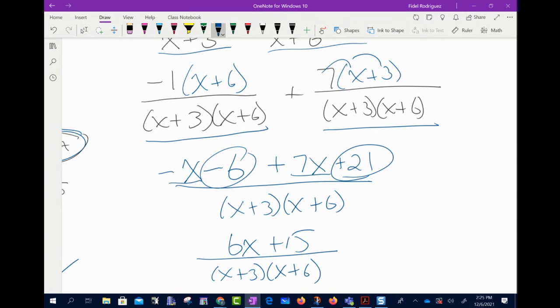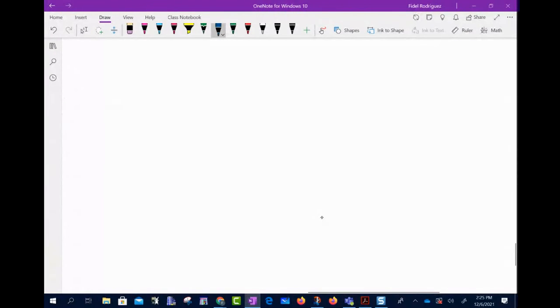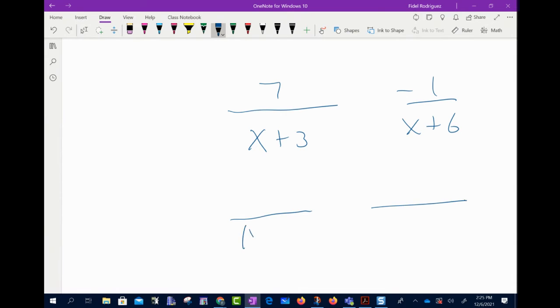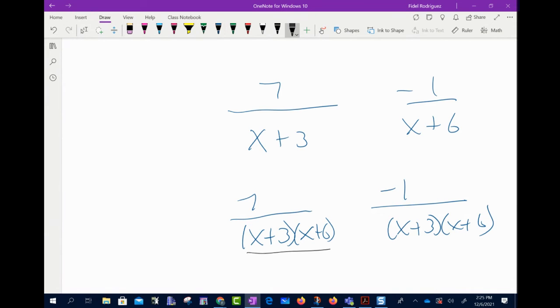Right? So now if we would have done this, 7 over x plus 3 minus 1 over x plus 6, and we were to do the same thing by saying, look, let's get a common denominator. We already had a 7 here, we already had a -1 here. What did we put down here that we didn't have before?